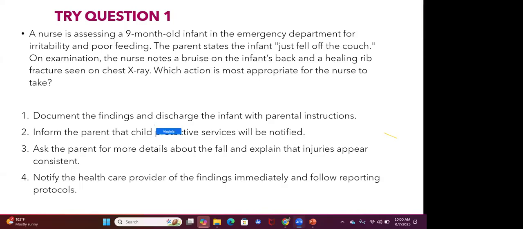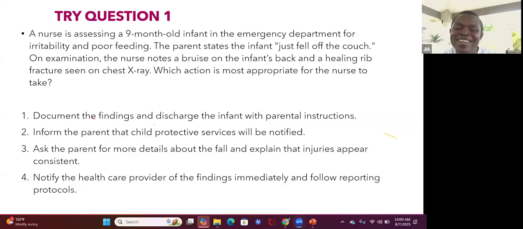And then the third one, to ask the parent for more detail and explain that the injuries appear consistent, doesn't also solve the problem. So I believe the fourth one is right, by notifying the healthcare provider and then you report. The report is even there. Okay, thank you very much, Franklin.